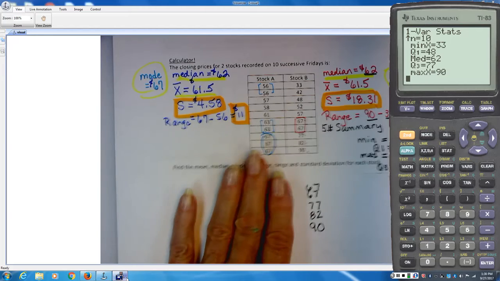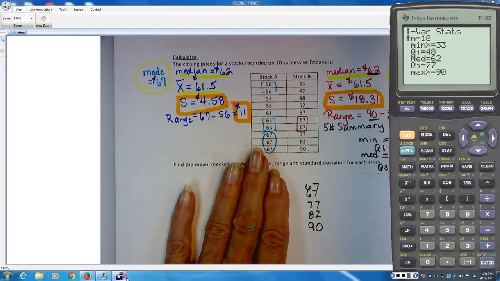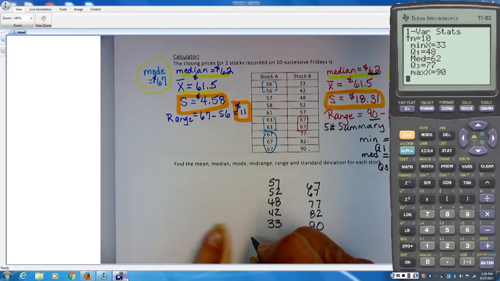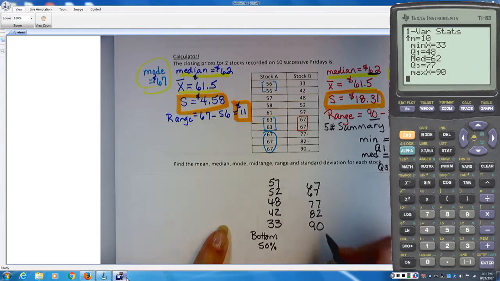So this is the lower half of your stock prices. This is the upper half of your stock prices, okay? This is the bottom 50%. This is the top 50%, the top half of the data, okay?